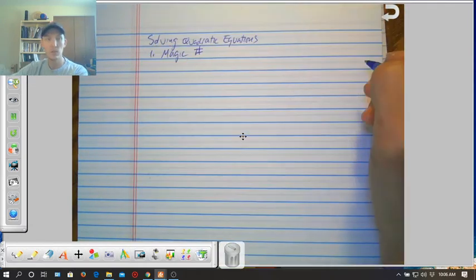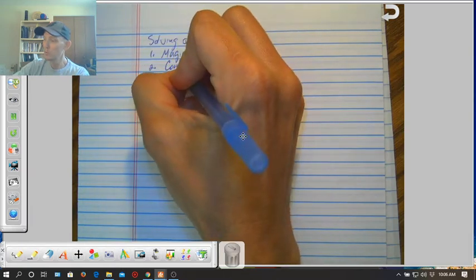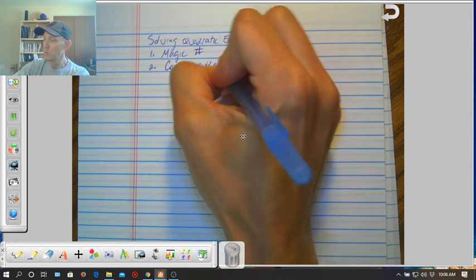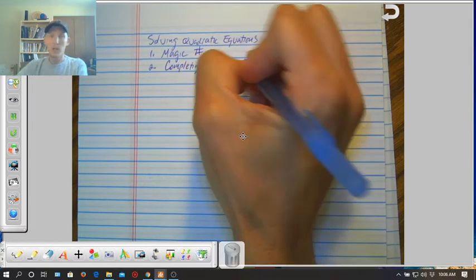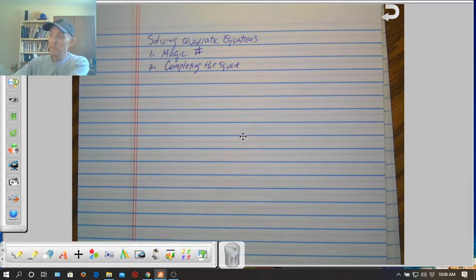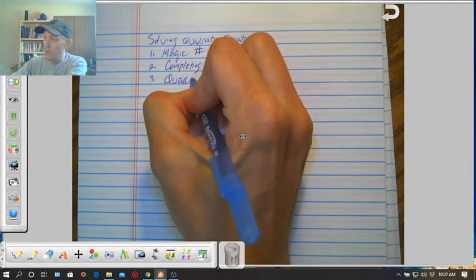So you would factor. Option number 2 was completing the square. Completing the square would work with problems that could factor using magic number, but it was really important when magic number didn't work. So option 3 is going to be the quadratic formula.